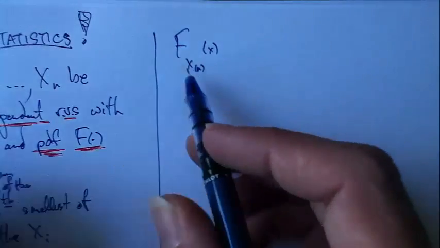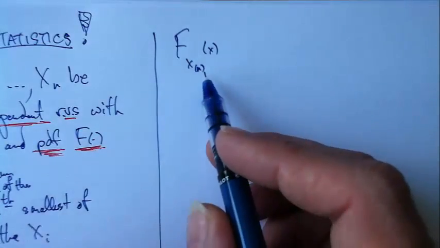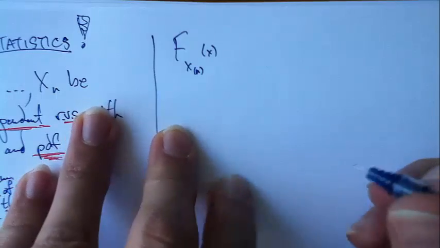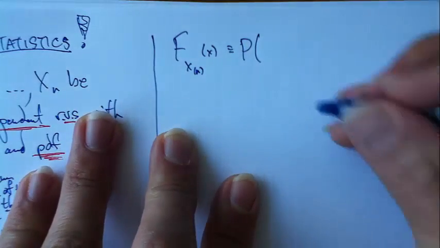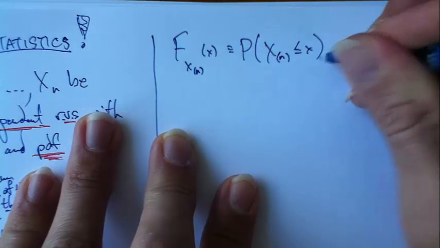Here we're looking at the cumulative distribution function for, say, the maximum race time, the time until the last person finishes. Now, by definition, this is just the probability that the maximum is less or equal to little x, right?